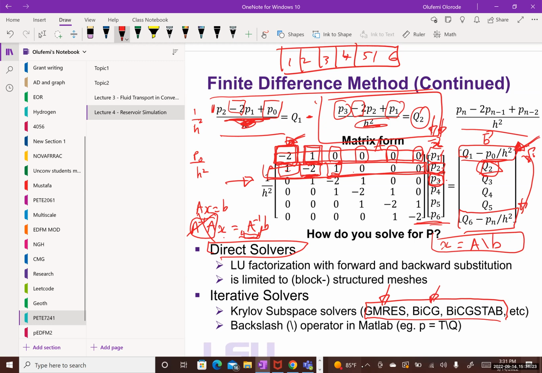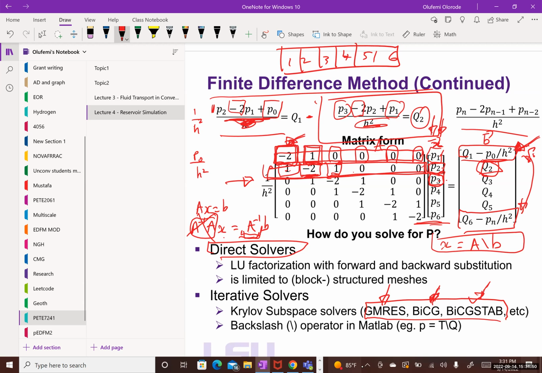Another simulator does BiCG, and there is also BiCGSTAB. It's A backslash B. I corrected that on my slides, but I've not updated it. It's matrix backslash B. The matrix has to come before the vector. You can try it, put a matrix and put a B in.